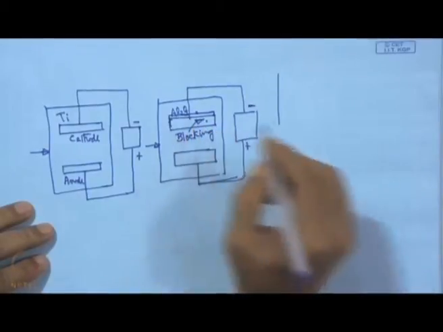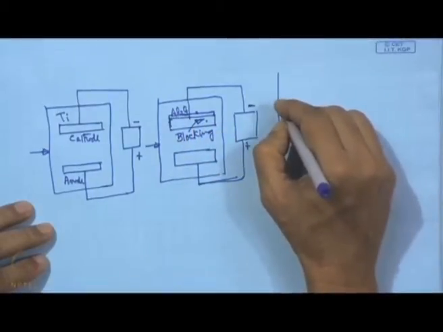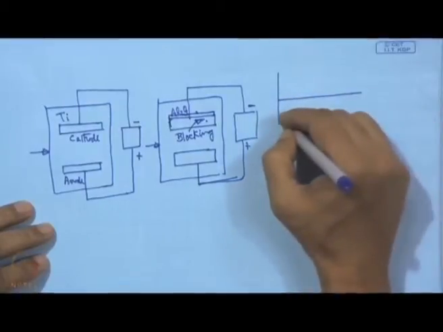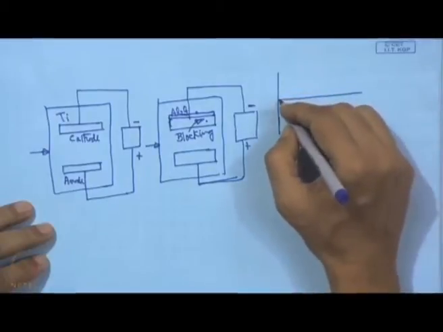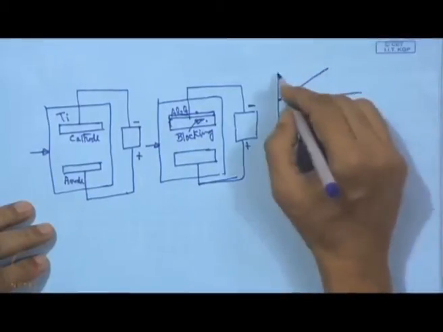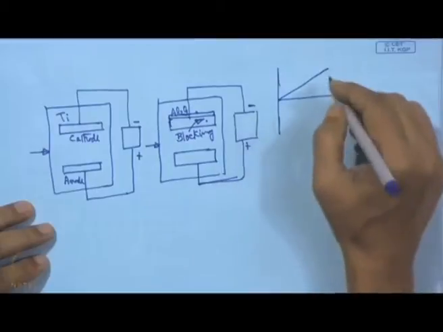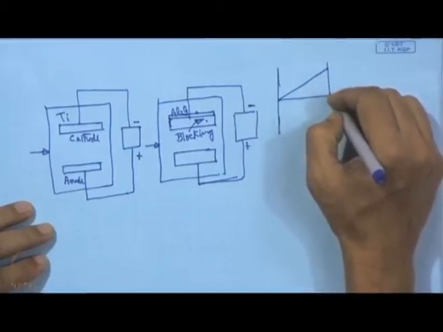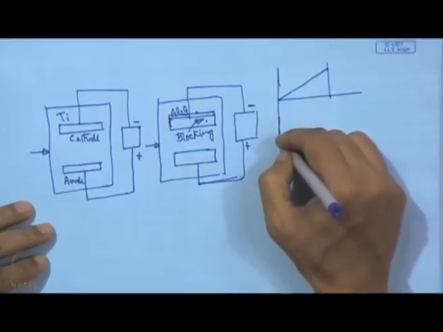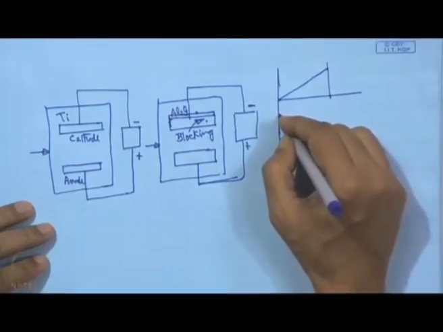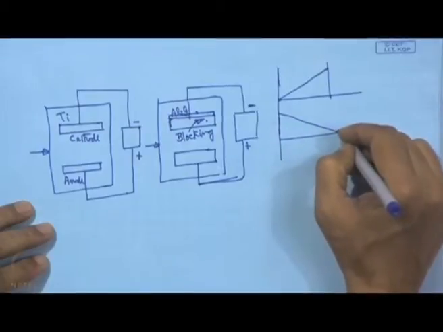If we apply a voltage, gradually there will be an increase in voltage, but at the same time there will be a fall of the charging current.